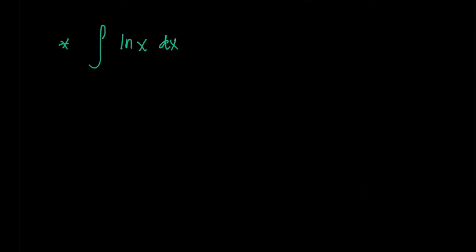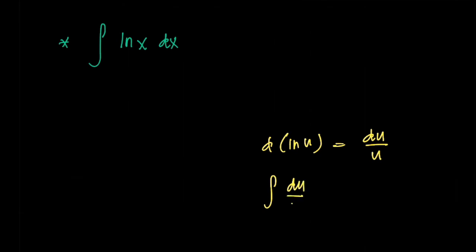So, kung gagamit tayo ng derivative, the derivative of natural logarithm of u is equal to du over u. And the integral of du over u is natural logarithm of u plus c. Pero wala tayo na integral na natural logarithm of u. So ano ang gagamitin natin kapag ganito?